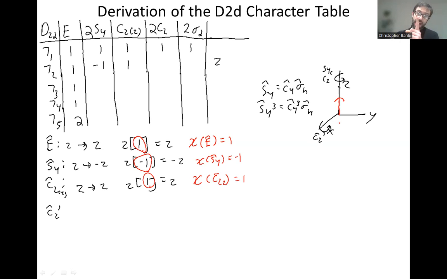So again, now we're flipping it along perpendicular things. So it's going to spin the vector downwards. And so z is going to go to negative z. So again, that gets us a character this time of, sorry, for writing, negative 1.